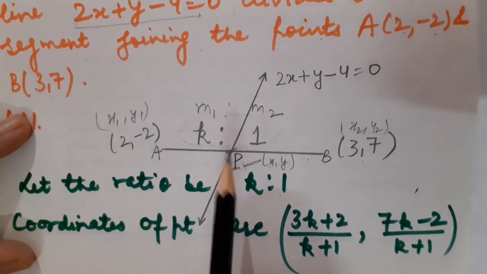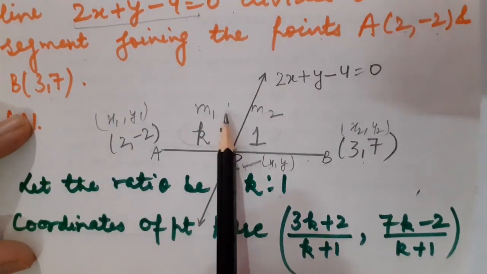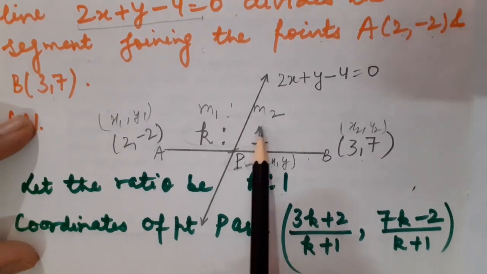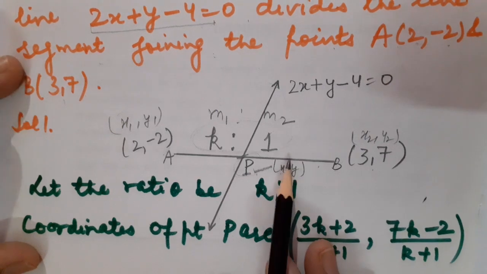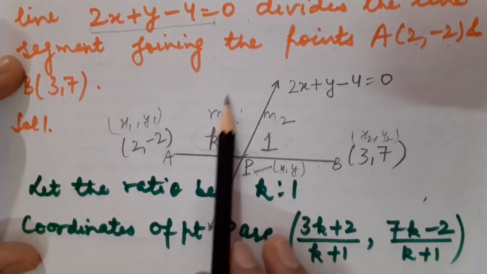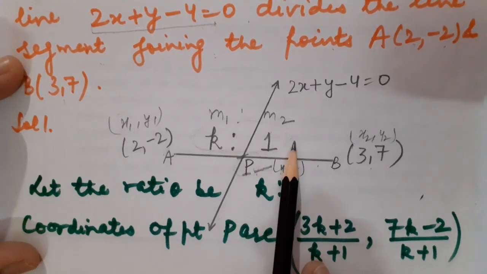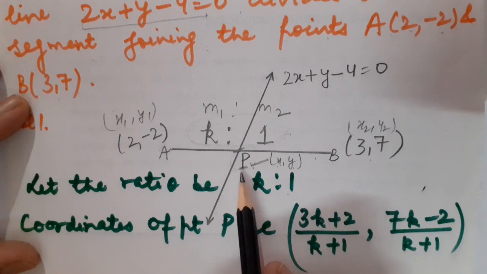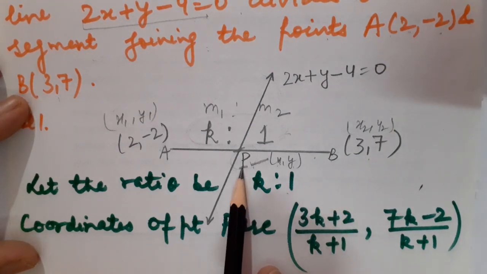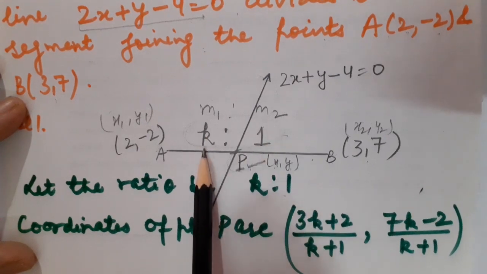So x is equal to m1 into x2 plus m2 into x1 upon m1 plus m2. Fine. In the same manner, y is equal to m1 into y2 plus m2 into y1 upon m1 plus m2. The same strategy, the same formula I am going to apply over here, as I have to calculate the coordinates of point P, but in place of m1 ratio m2 I have taken K ratio 1.